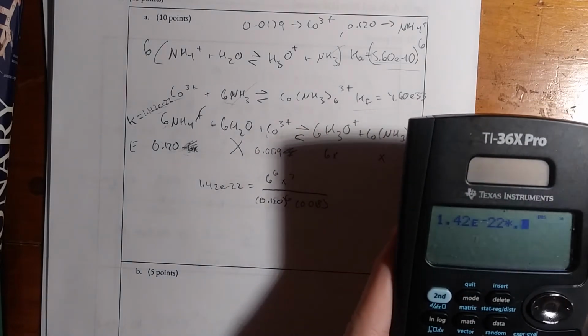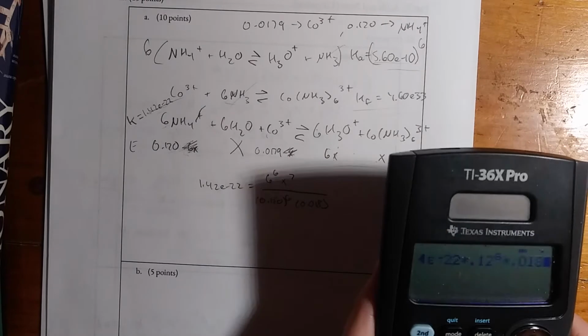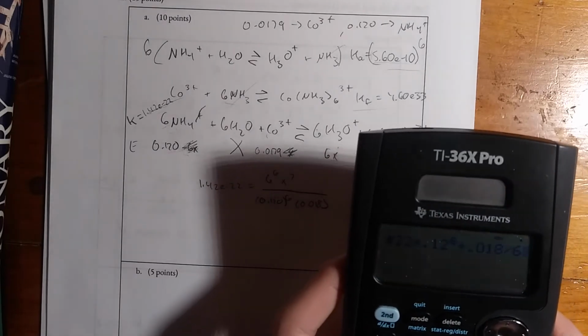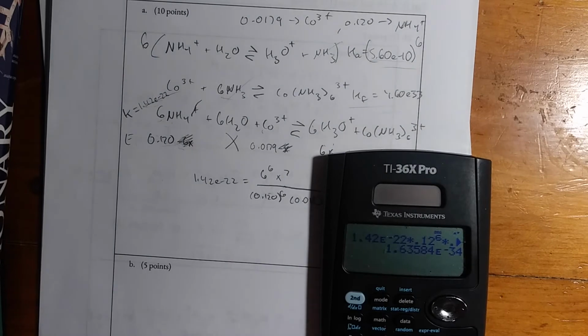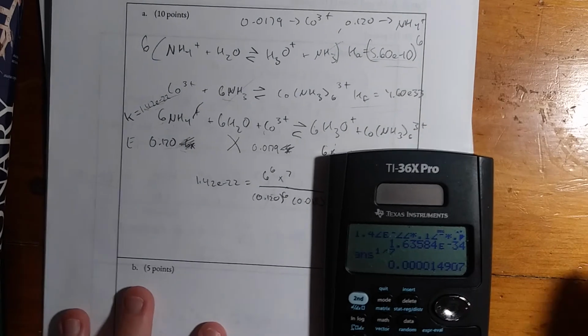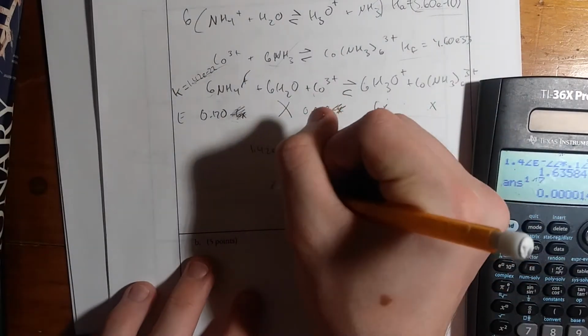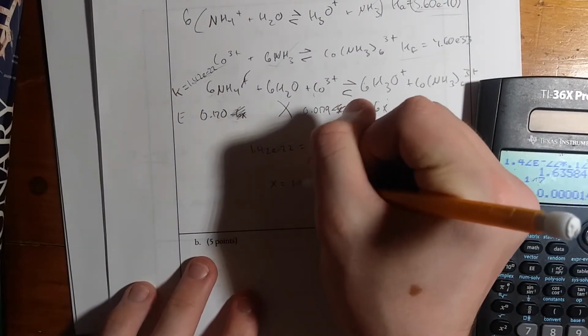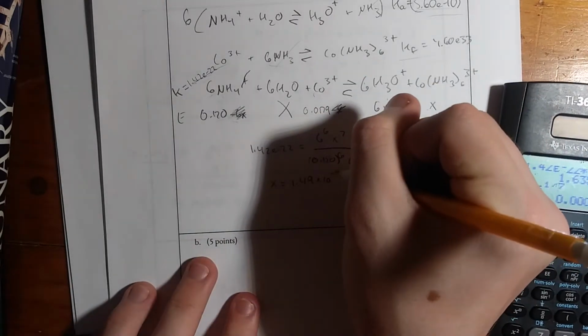There times 0.12 to the 6th, or actually that, times 0.018 divided by 6 to the 6th. Kind of crazy. And then this is just going to be raised to the 1/7. Did you get just x by itself? There we go. There's our x. And it's just algebra I did right there. So that means x equals 1.49 times 10 to the negative 5th.